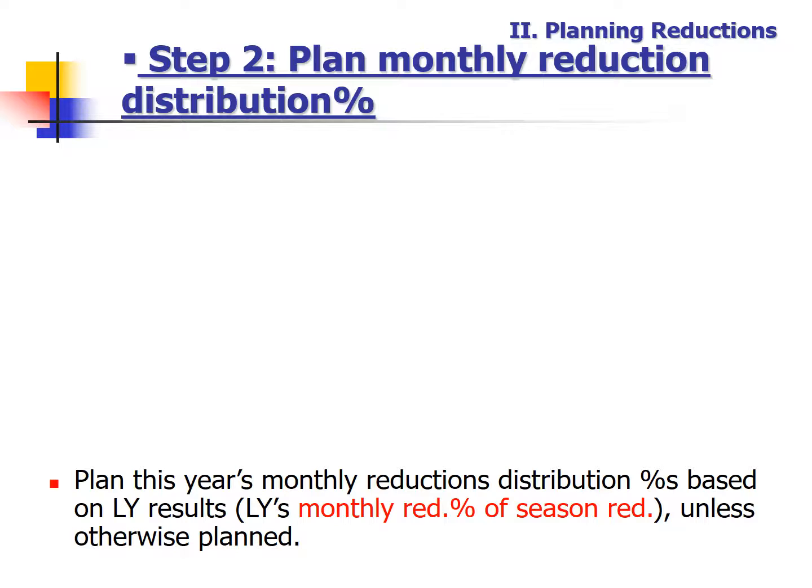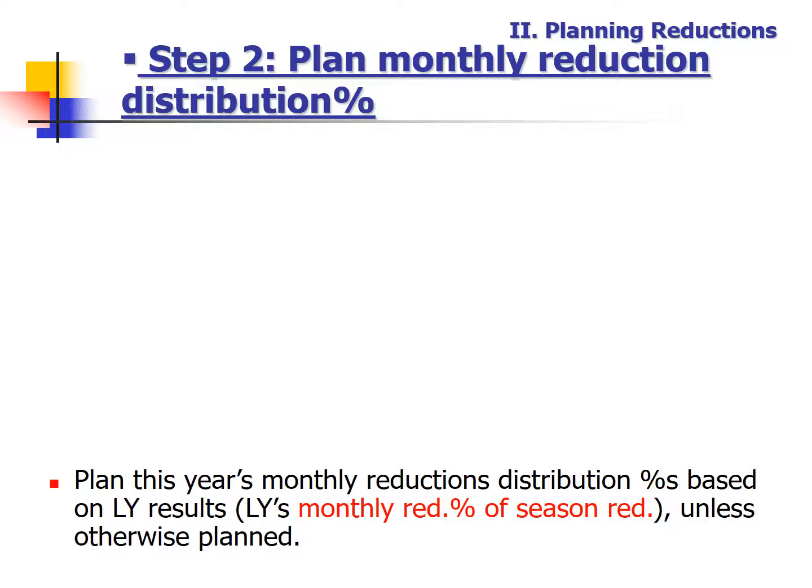Since we are operating on a calendar that has the same number of days and the same number of holidays or weekend days across years, what happened last year in terms of the reductions. We take reductions, markdowns, and things like that on certain periods or certain days, right? So if you can compare what happened last year and look at it as a benchmark for planning this year, it usually works.